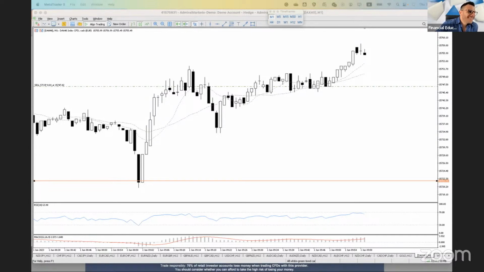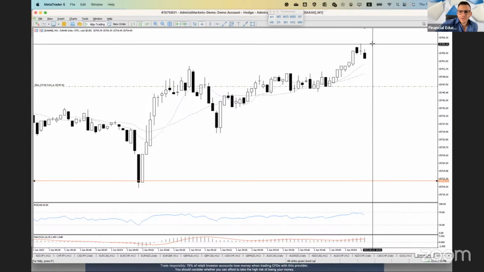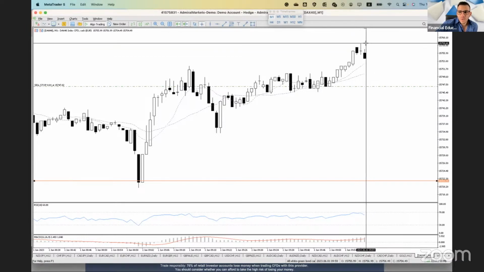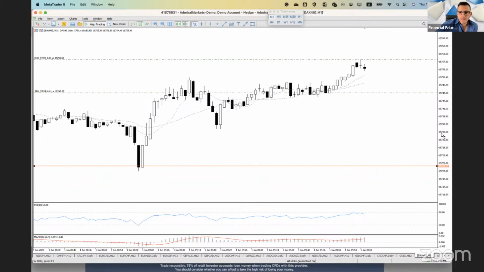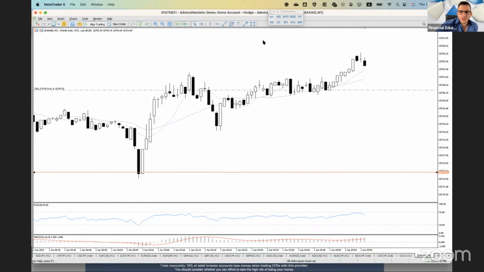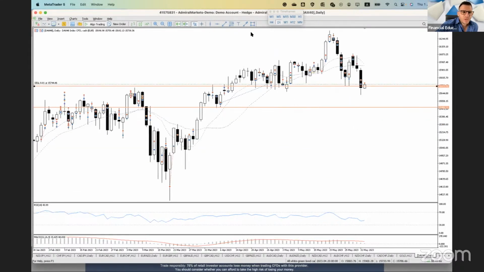Why did you say that? Look, ideally, for the continuation to the upside, now we should put a buy stop order here on the DAX. But honestly, I don't like that because of this picture here on the daily chart, on the 12-hour chart, or even on the daily chart if you prefer.